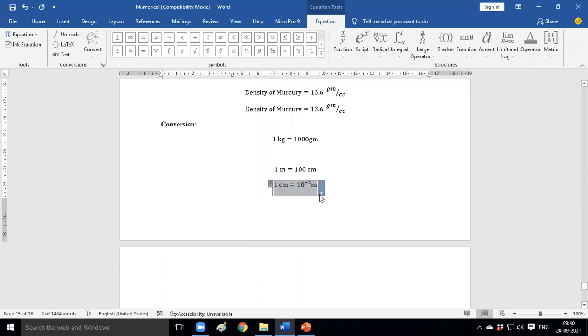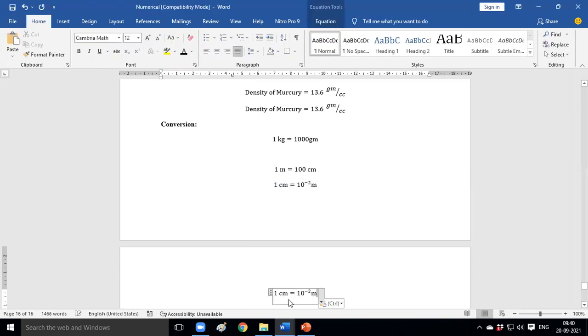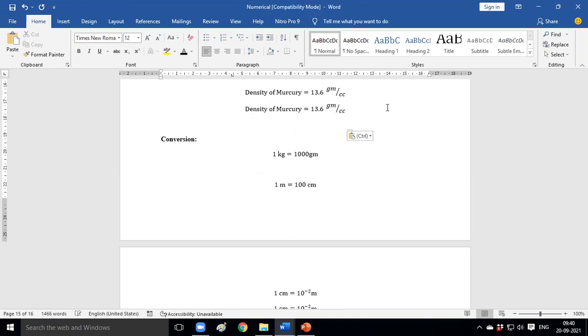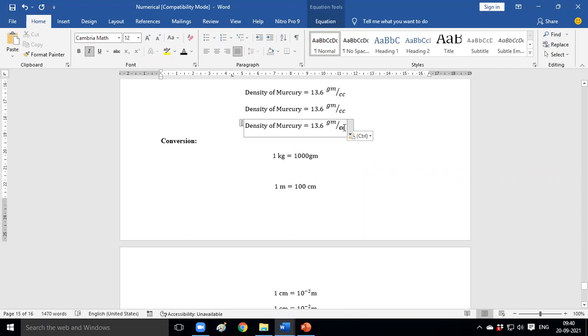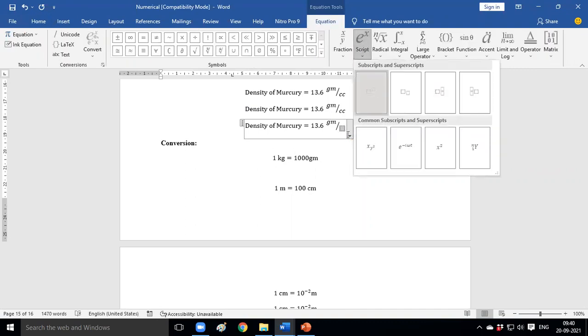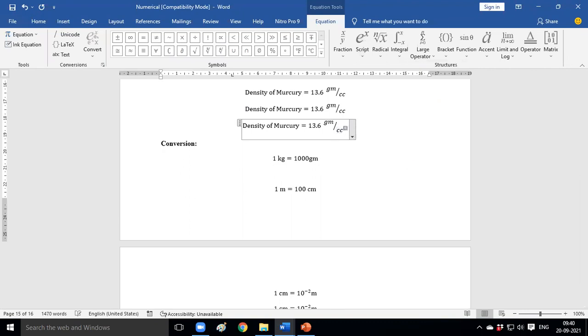Now we need to convert this cc, which means centimeter cube. I will write this equation in a different form, where cc is replaced by centimeter cube, just cm cube.